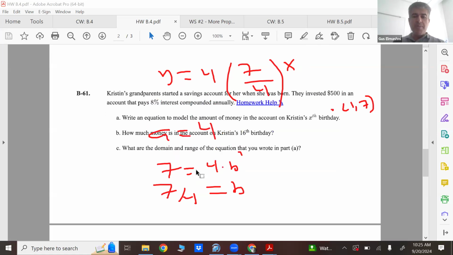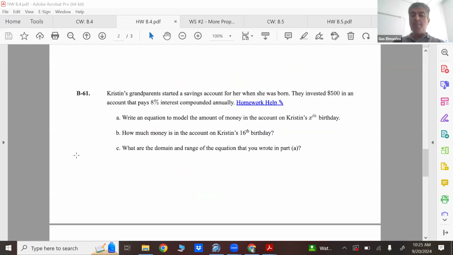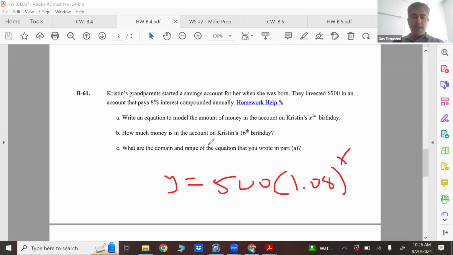Okay, for 61, compound annually. Okay, great. There's something kind of like this in the homework quiz also. It's a little different, but the equation's simple. It's y equals 500 times 1.08 raised to the x power. X is number of years, then plug in 16 for x. The domain is all real numbers.